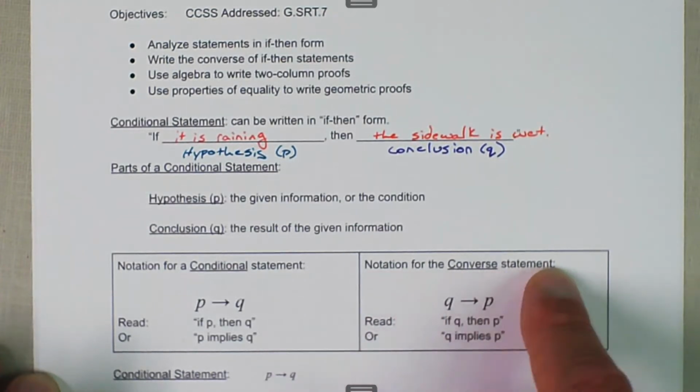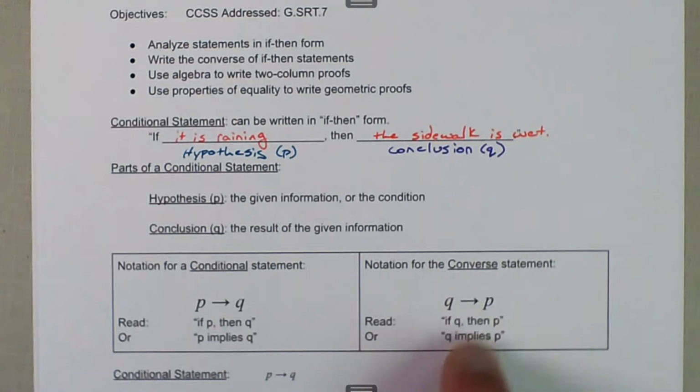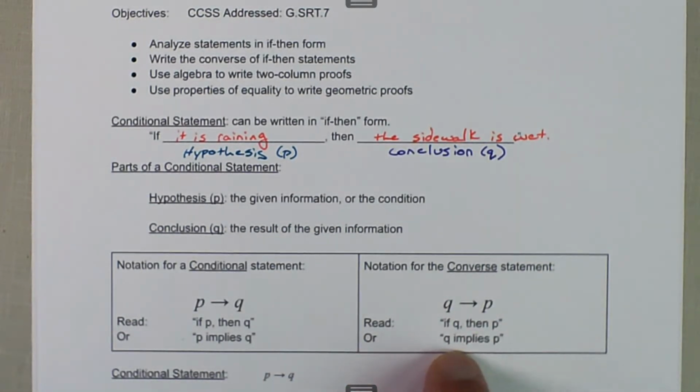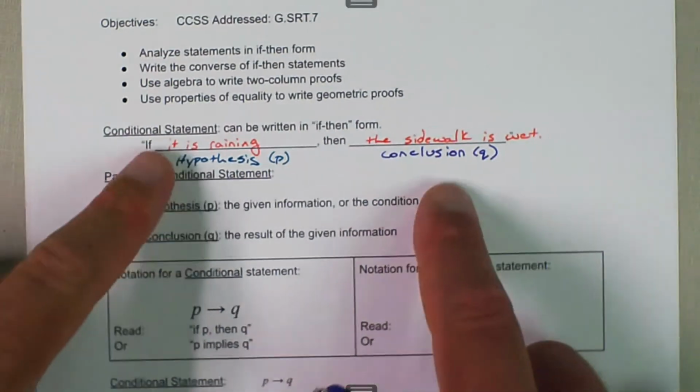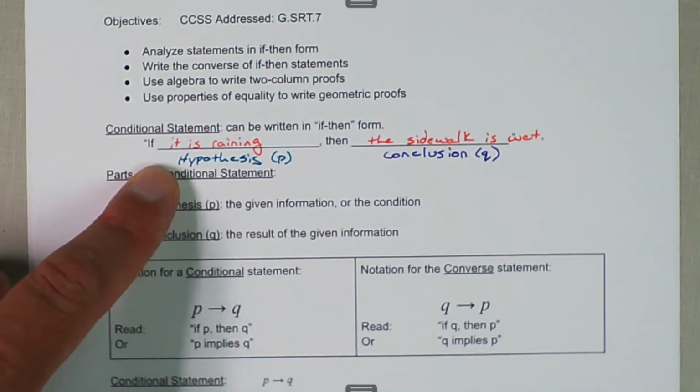The notation for the converse statement says Q arrow P, if Q, then P, or Q implies P. And we'll talk about how to write that, but basically we would write that the other way, and we can write that right underneath here.